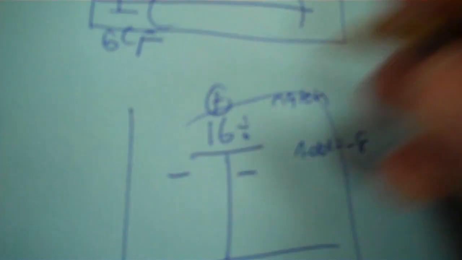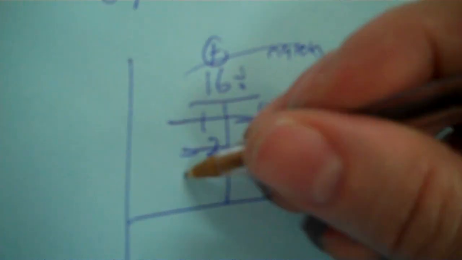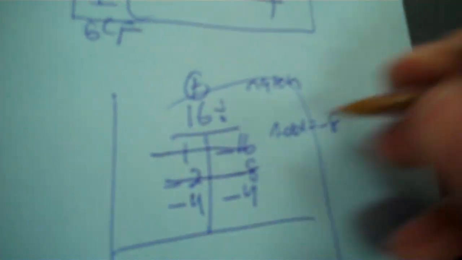And you have to add to get to negative 8. 1 and 16, no. That's negative 17. 16 divided by 2 is negative 8. Negative 10, I'm getting close. Keep going. 16 divided by 3 is a decimal. And then 16 divided by 4 is 4. So you put 4 and 4. That's your negative 8. They're identical, that's fine.